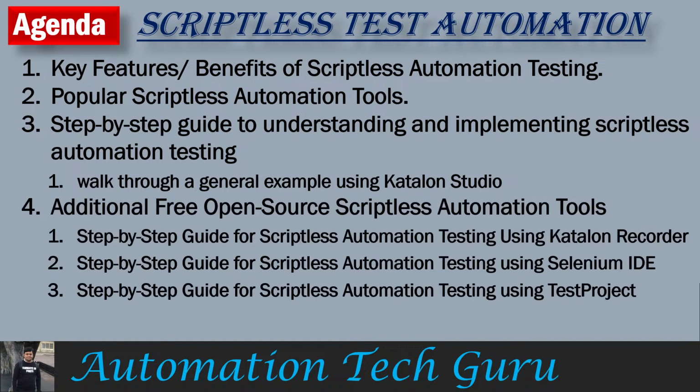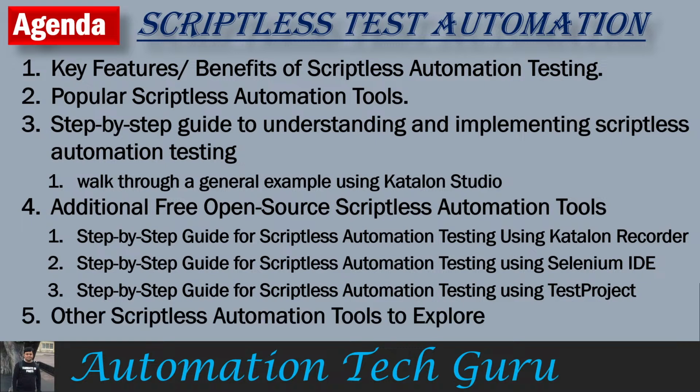Then we will see additional free or open source scriptless automation tools, step-by-step guides for scriptless automation testing using Katalon Recorder and Selenium IDE and test projects. So let's begin. And also we will see other scriptless automation tools to explore.